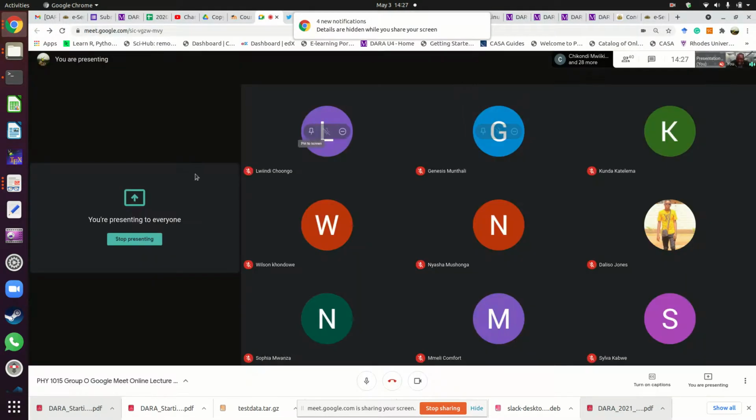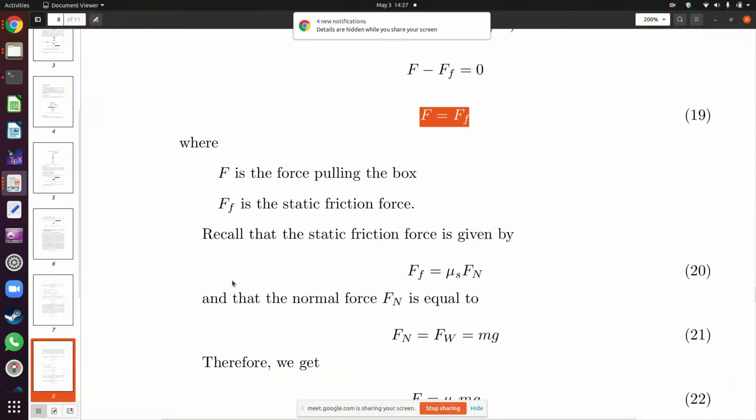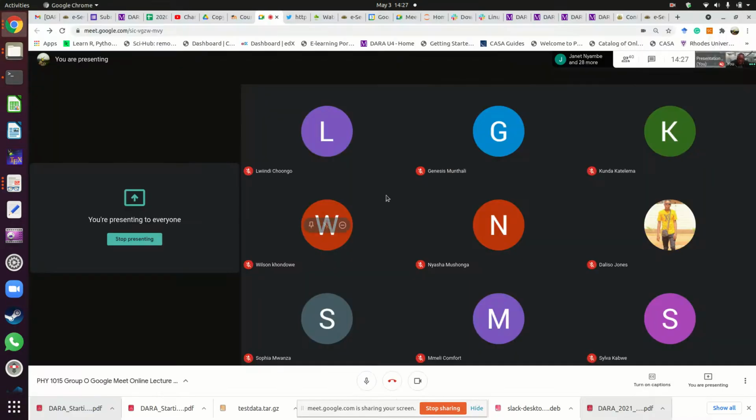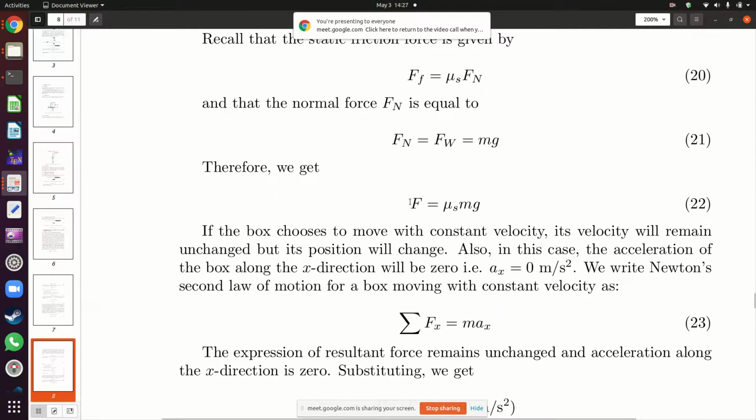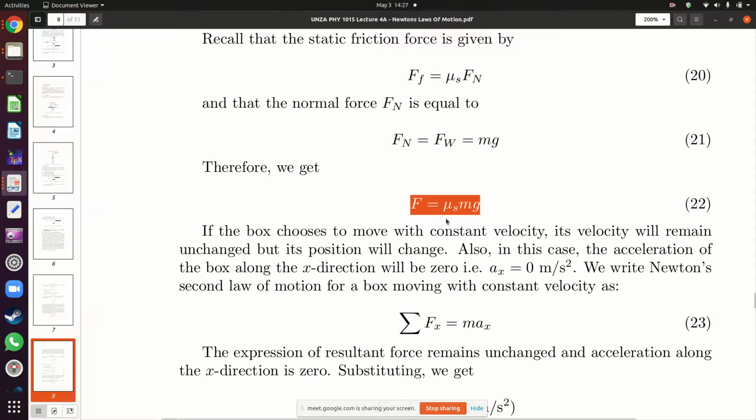Without acceleration, the object remains where it is. Are we clear? So this is what we have. The pull force, if there is no acceleration, is equal to the coefficient of friction multiplied by mg, which is just the weight of the box.